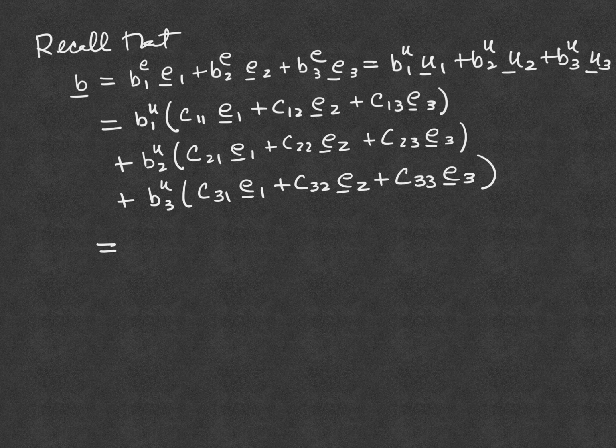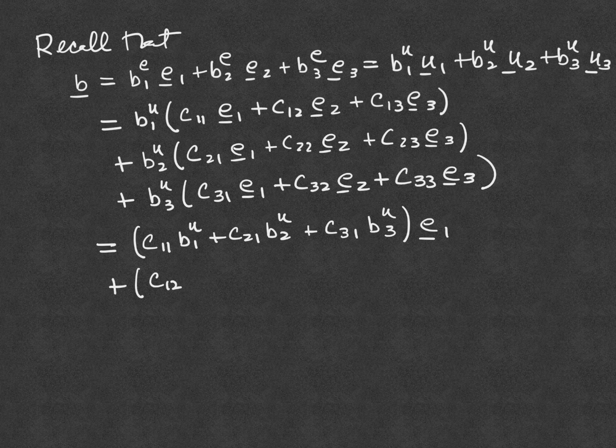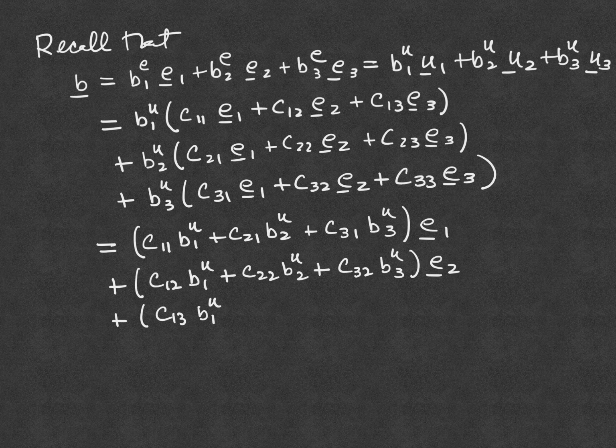If I do that, I can rearrange this last expression as follows: c11 b1u plus c21 b2u plus c31 b3u, this whole thing multiplied by e1, then we add c12 b1u plus c22 b2u plus c32 b3u times e2, and finally c13 b1u plus c23 b2u plus c33 b3u times e3.